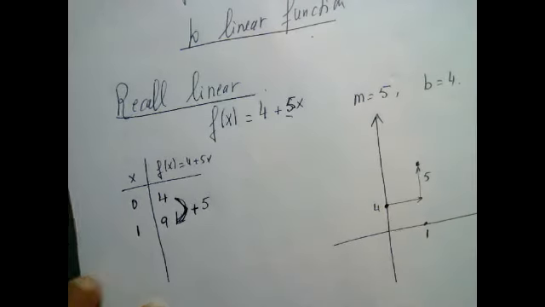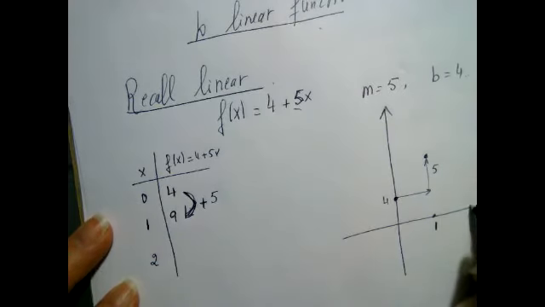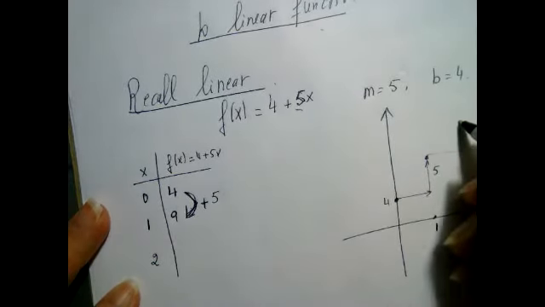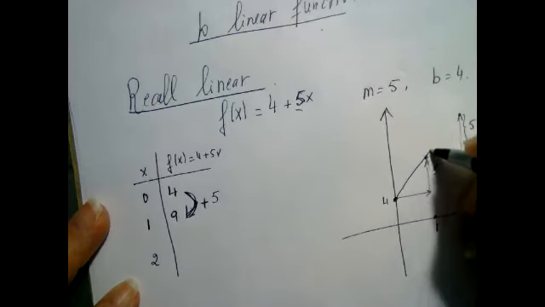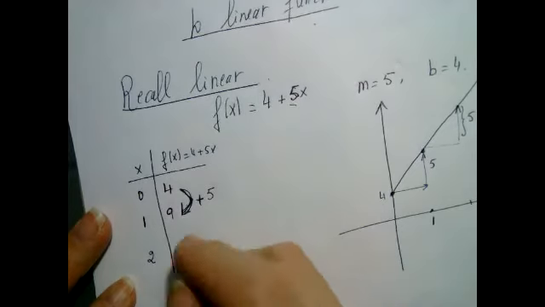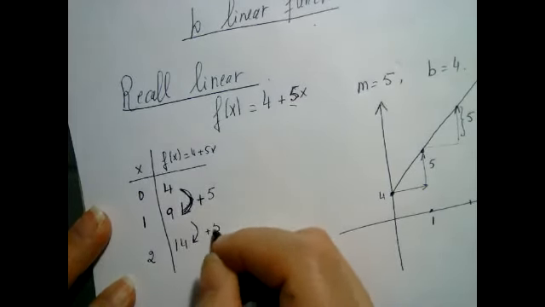Now, after 2 units, that's linear growth, we go up by another 5, the same amount. When we connect them, because we're going by the same amount every unit, we get a straight line. So after 2, we have 14.